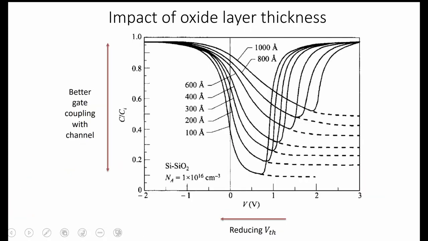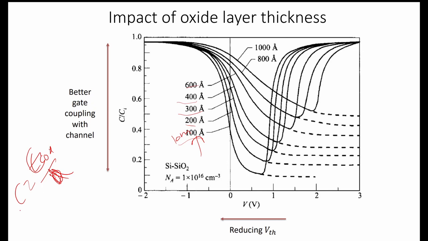So what is the impact of the oxide layer on the CV characteristics? The impact is like this: the thickness may be 100 angstroms, or 10 nanometer, 20 nanometer, 30, 40, 50, 60, whatever. Less is the thickness, so C is equal to epsilon ox by D, where D is the thickness.